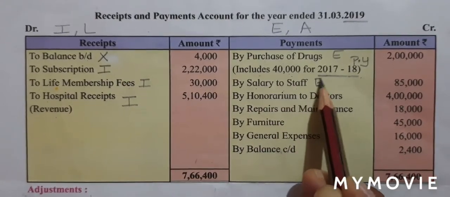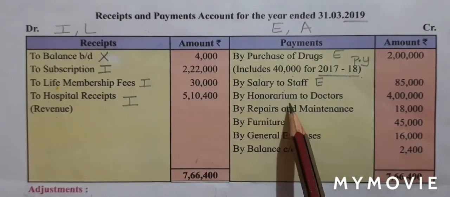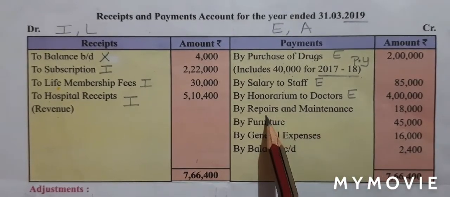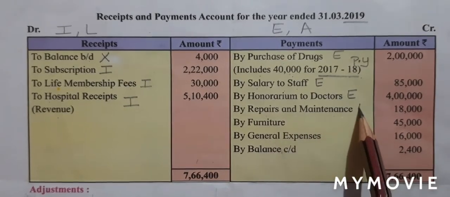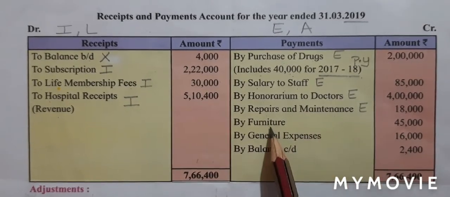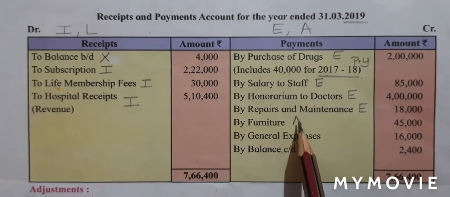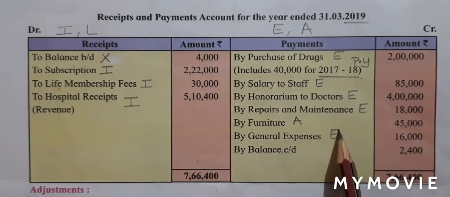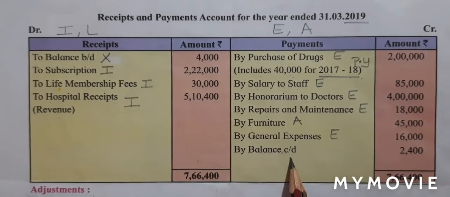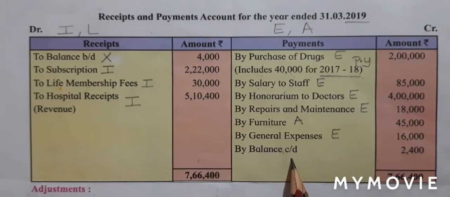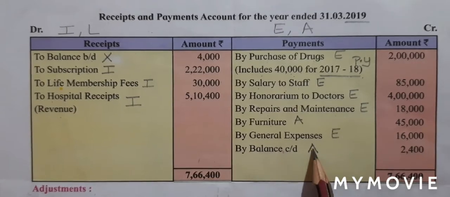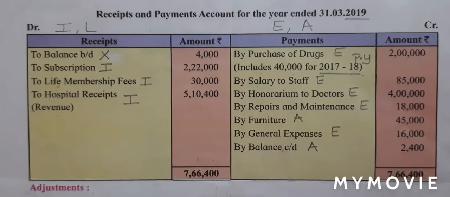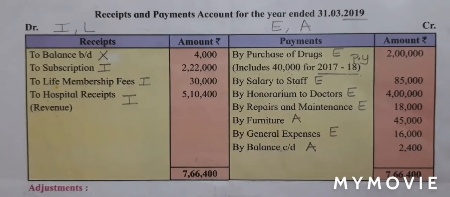It's an expense. Honorarium to doctors, expense. Repairs and maintenance, expense. Furniture, asset. General expense, expense. Balance carried down is my closing cash balance, which will go on the asset side. With this, we have completed step number 1, identification.